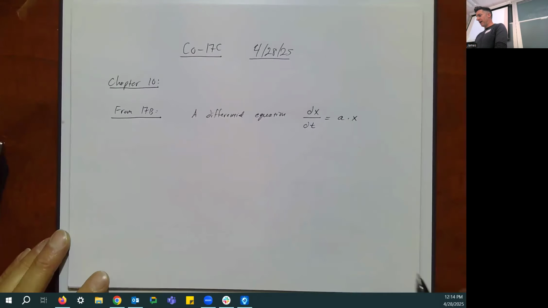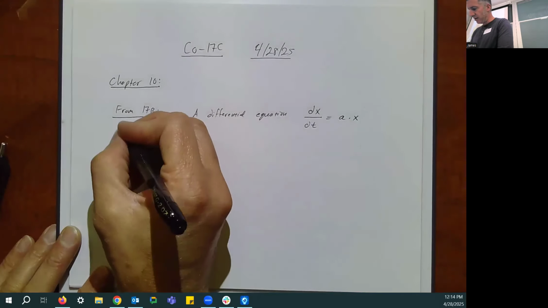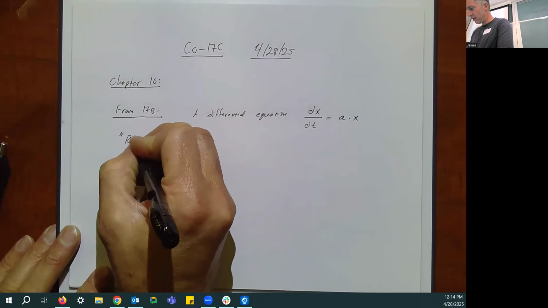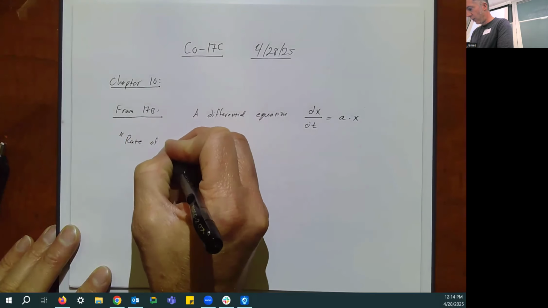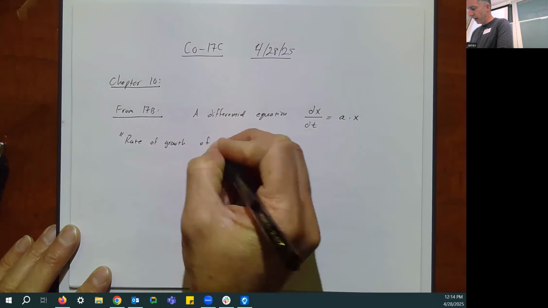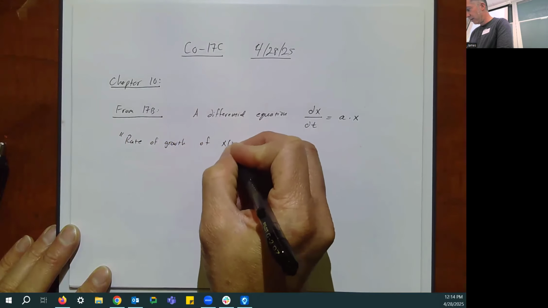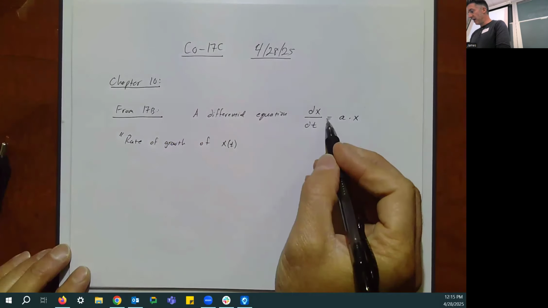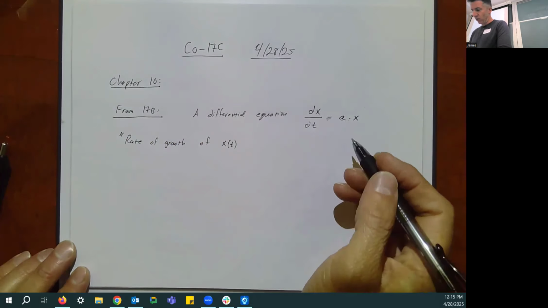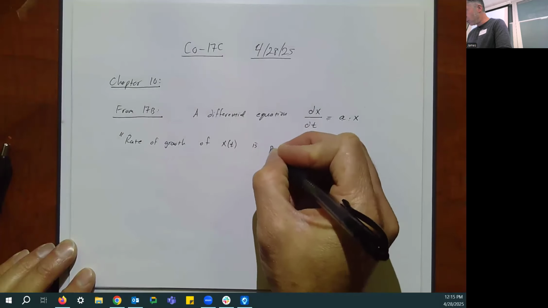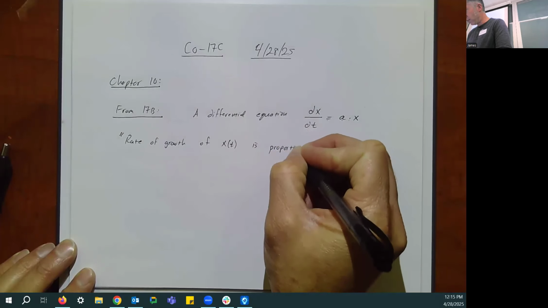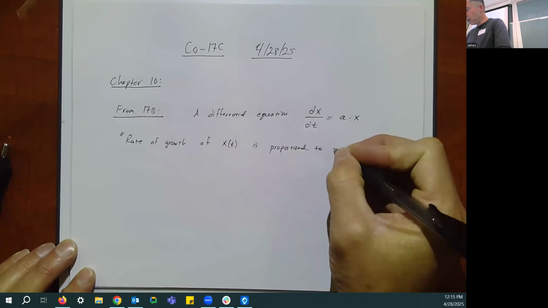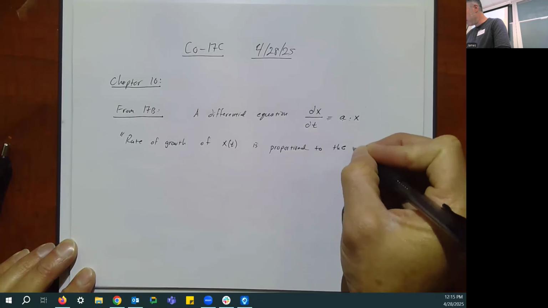So what does it say? It says that the rate of growth of x, or if you prefer x of t, so how x is growing as a function of time, is a multiple of x, or in other words, is proportional to the population size x.